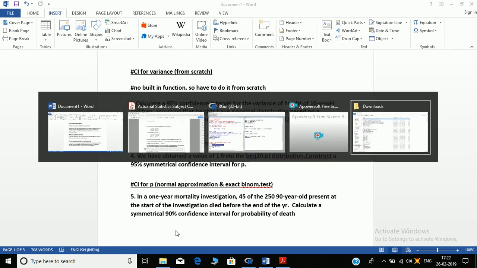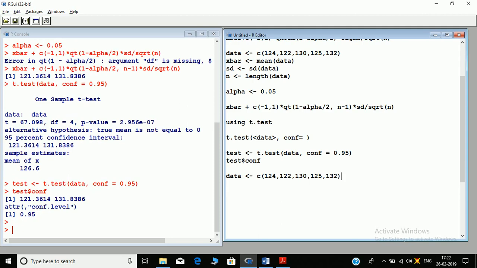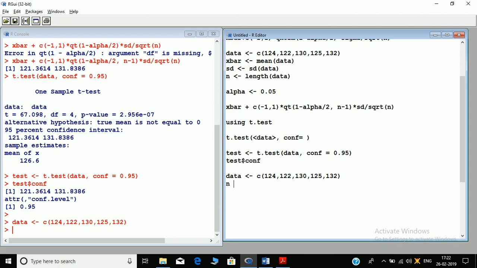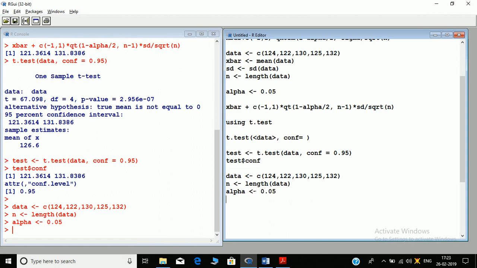So let's do this in R. The data remains the same for heights, so let us store it once again. n is again the length of data, which gives us a count of the data. I have alpha equals 0.05, and then the confidence interval is, say I'm using c so that both confidence limits get displayed together.